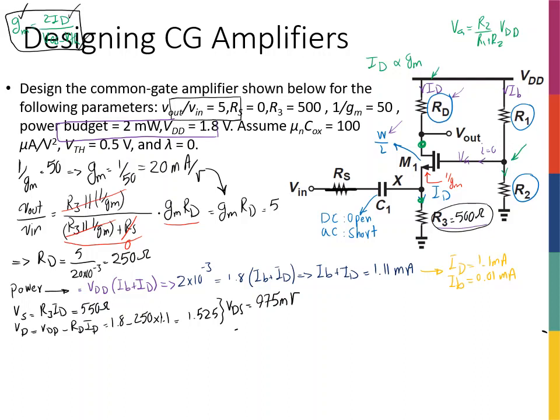So GM is equal to 2ID divided by VGS minus V threshold. If I do the math, and I encourage you guys to actually do the math, because a lot of you lost marks just from being a little bit careless when plugging in numbers and calculating the values, VGS is going to be equal to 0.61 volts.